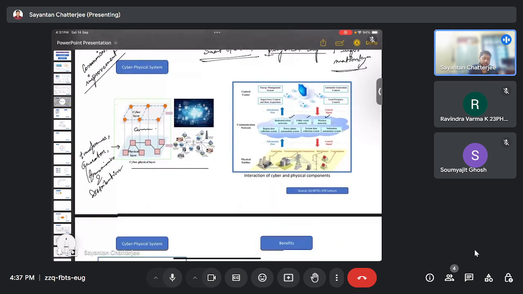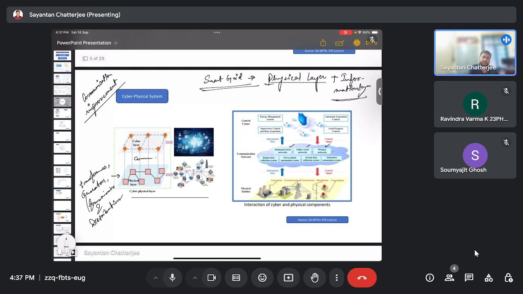Now we have the equipments also placed in the cyber physical system, and these equipments are mostly placed in the physical system, but we have a communication layer in between.